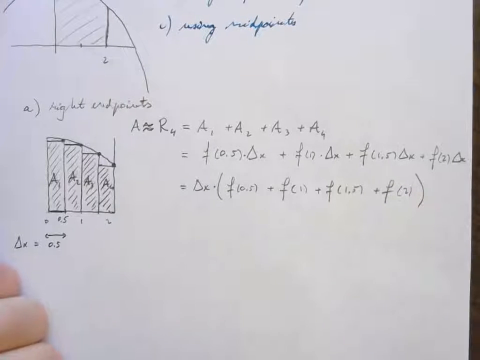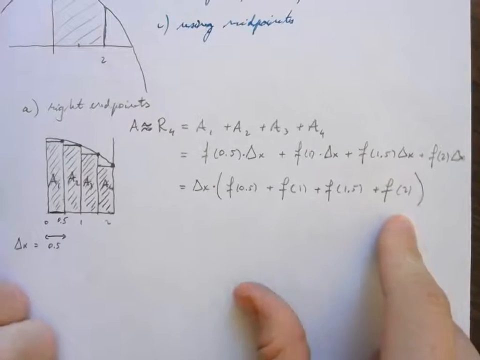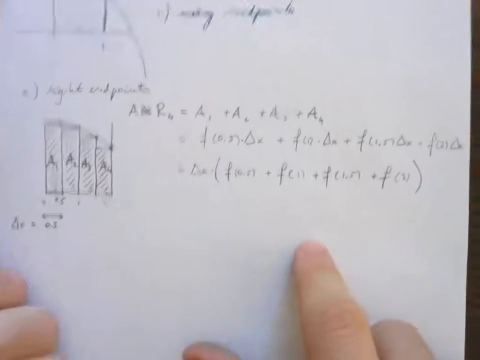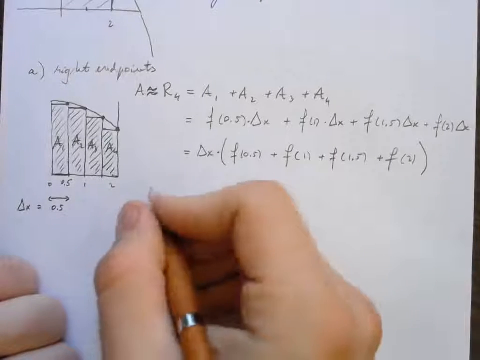And now I just have to plug these numbers into my function, which is negative x squared plus 5, and compute this. Right?